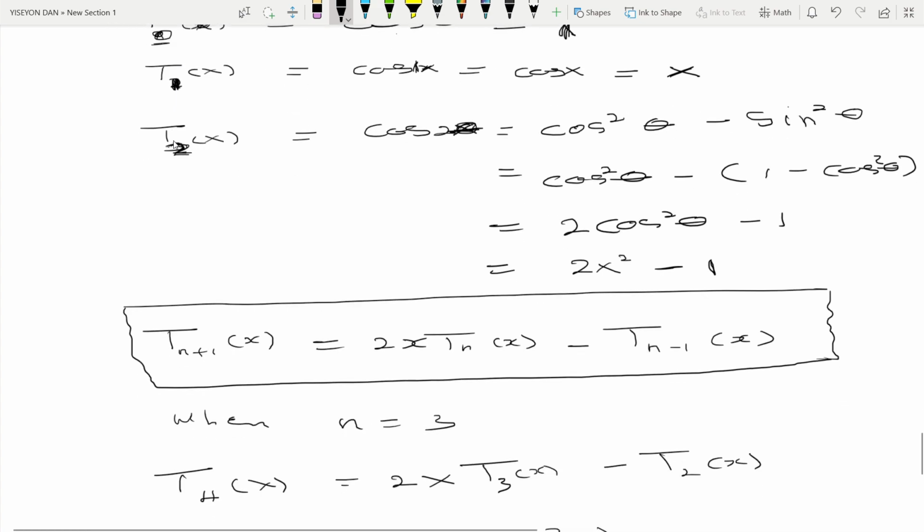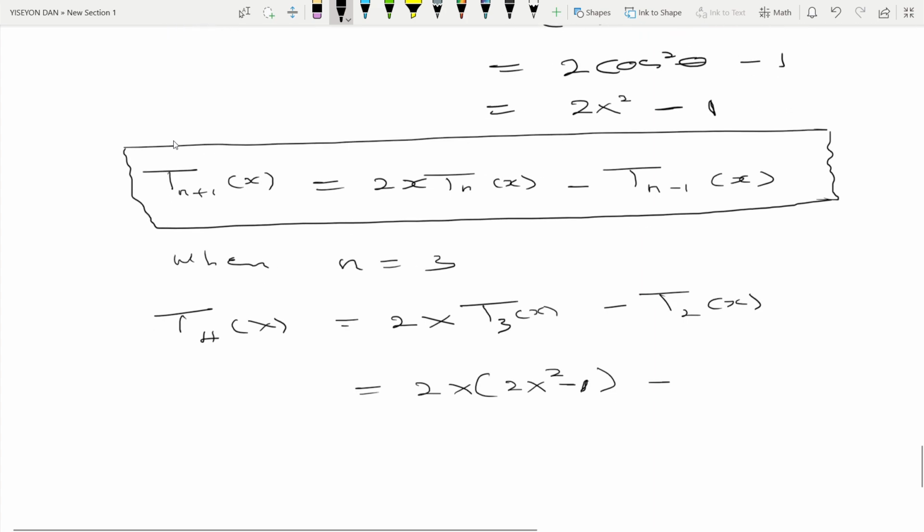So we are solving for T3 now, that is, when n equals 2. When n equals 2, we have T3 equals 2x T2 minus T1.